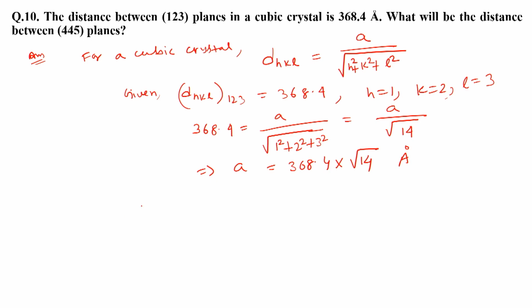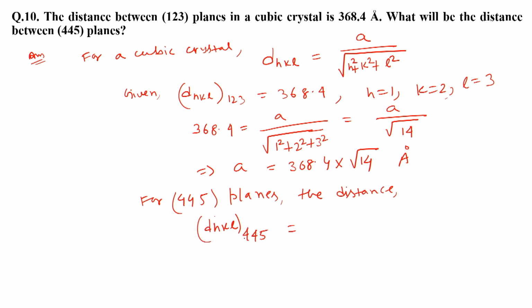Now for d for the 4, 4, 5 planes, the distance, if we say d_hkl 4, 4, 5, then we can write d_445 is a by square root of 4 square plus 4 square plus 5 square, and the value of a we have just calculated.